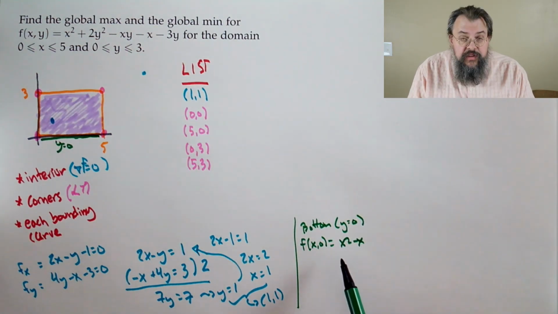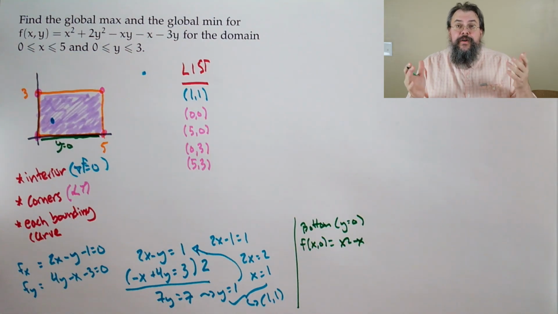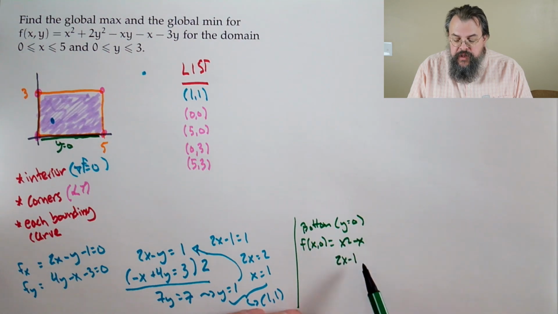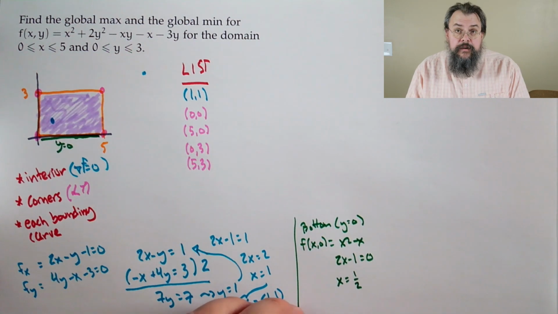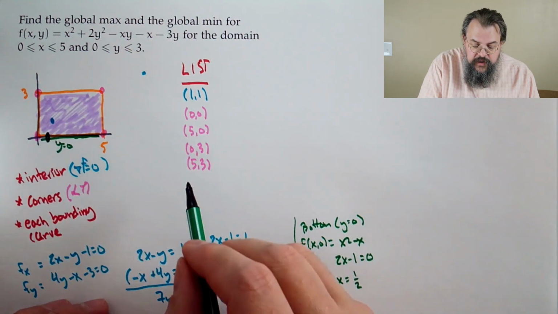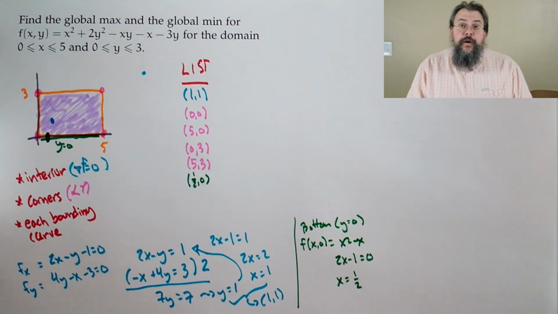Okay, now this is a function of 1 variable. So again, look for critical points. Take the derivative, 2x minus 1, and set that equal to 0, and we come to the conclusion x equals a half. So at (1/2, 0). That's a point on our list from the bottom edge.